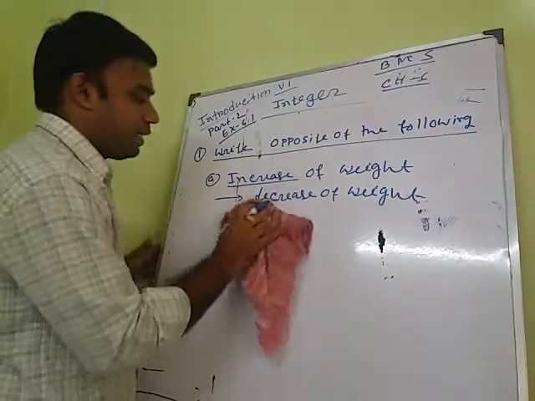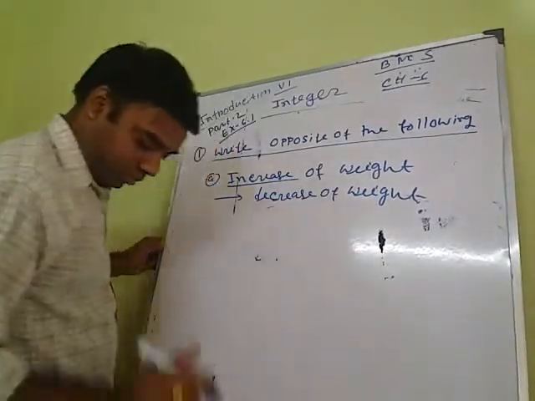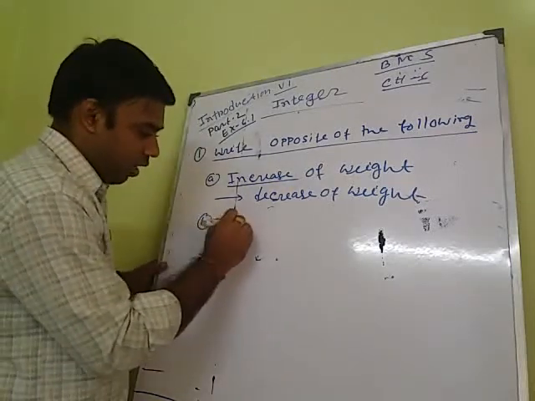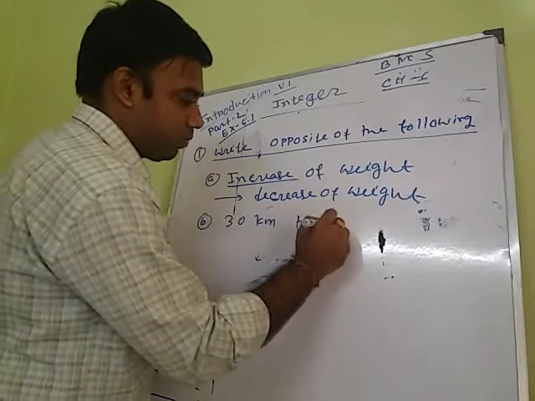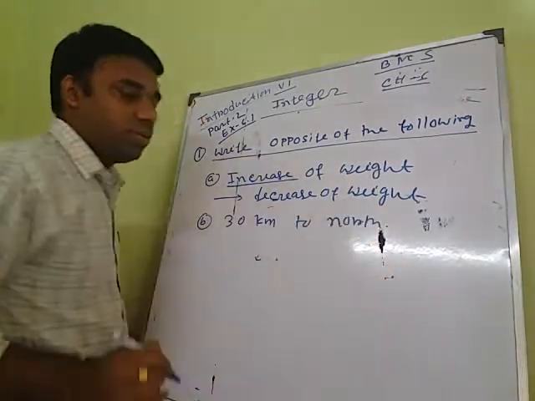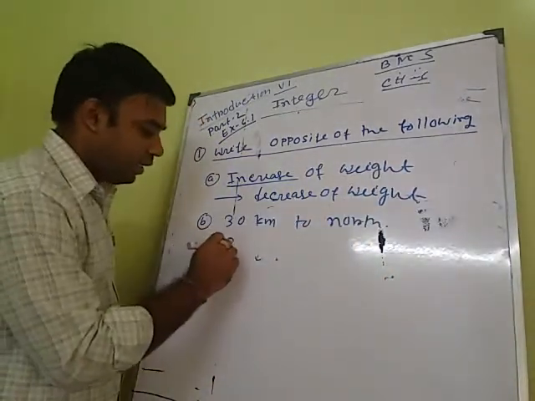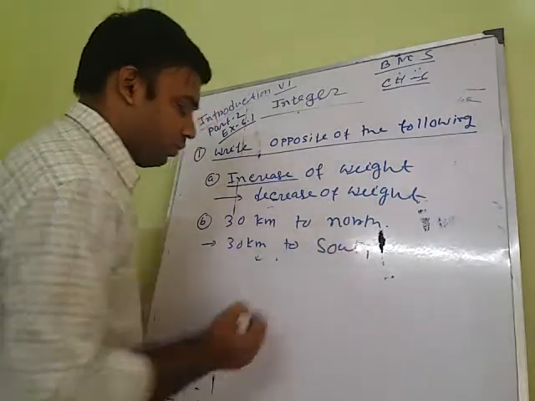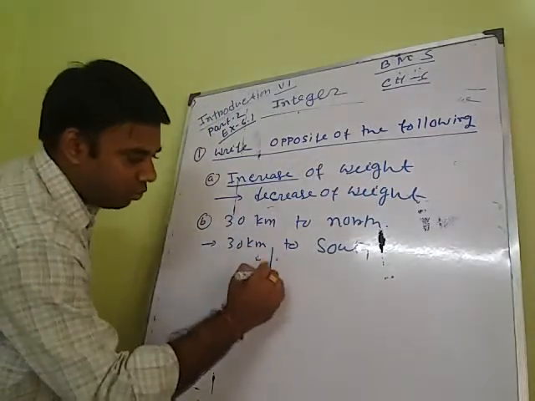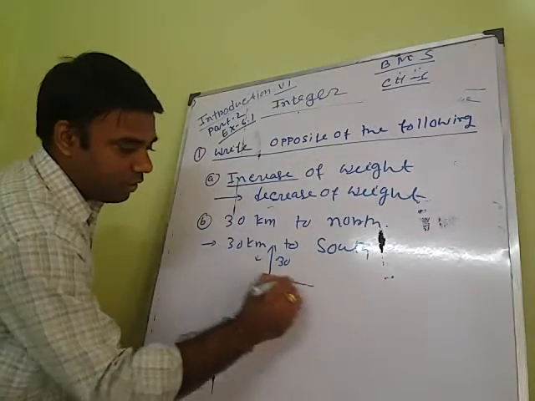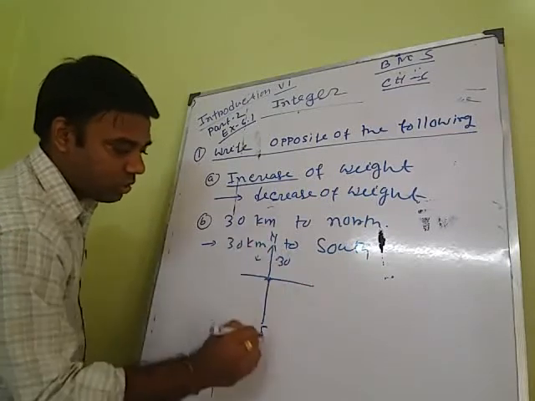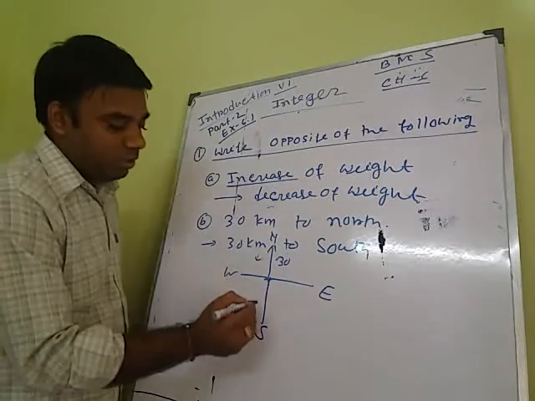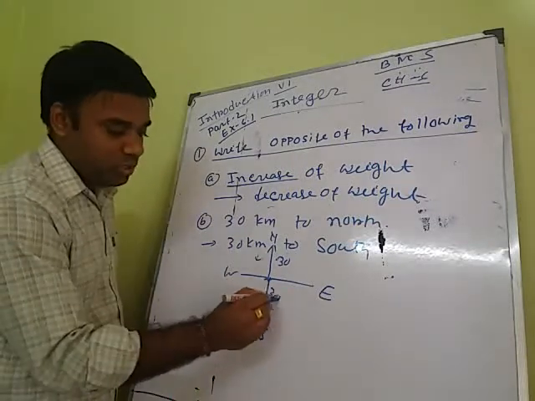Okay. Next statement, that is B, 30 kilometer to north. What will be the opposite? That is 30 kilometer to south. It means from here 30 kilometer to north in this direction, and the opposite statement is 30 kilometer to the south, in this direction.